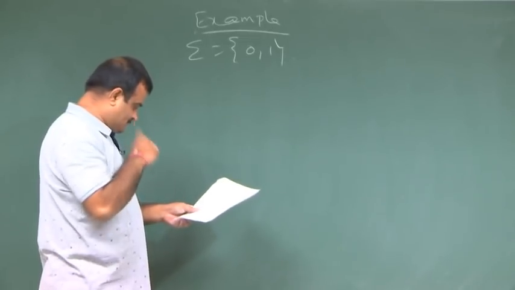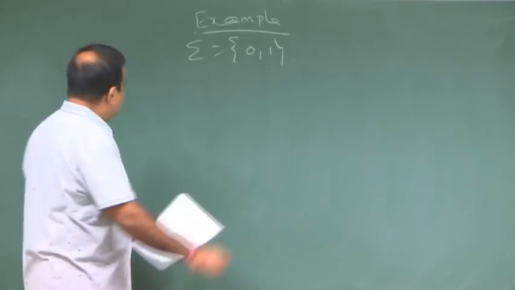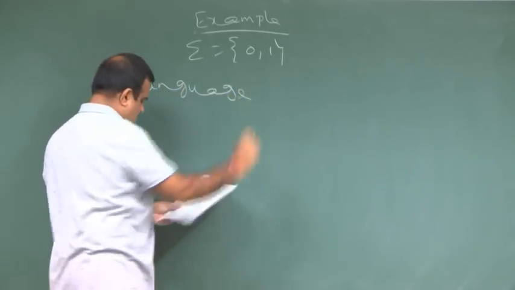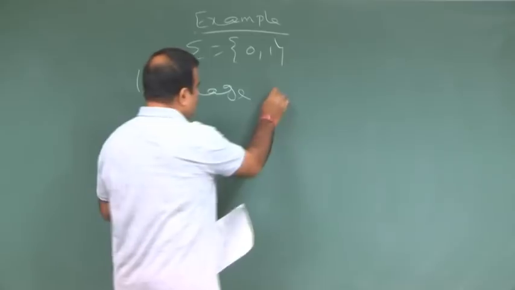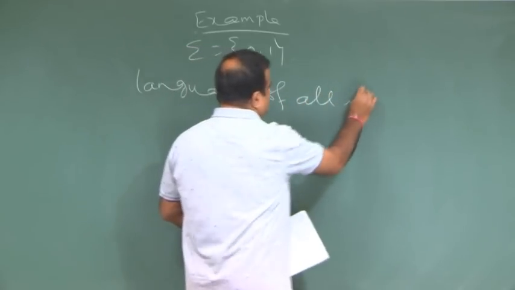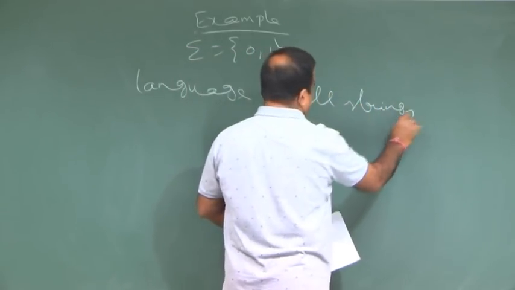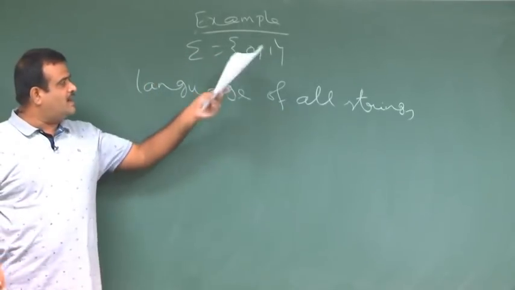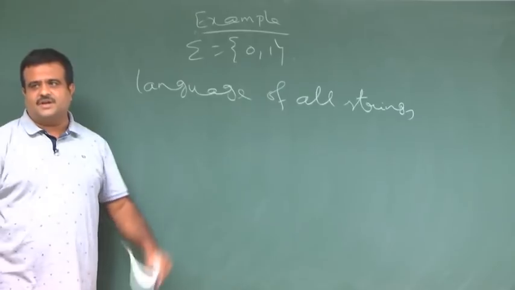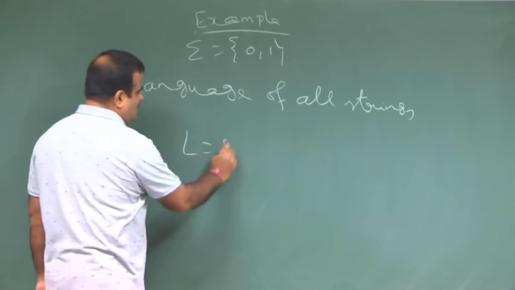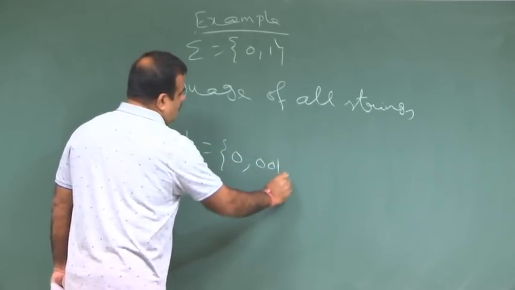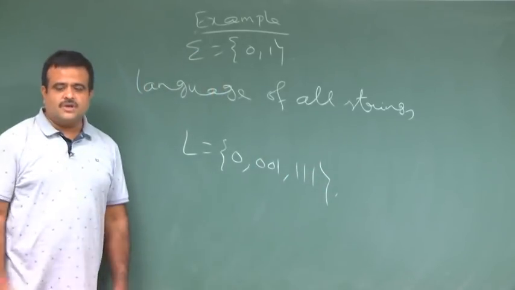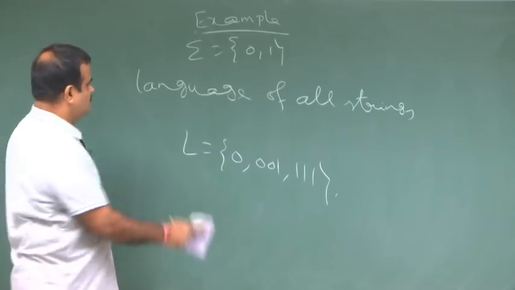So, we can define a language like this, a language of all strings. Language is a collection of strings basically. So, here the alphabet is 0 1, and a collection of strings, anything could be a language. So, this is a language: 0, 0 0, 1, 1 1, this is a subset of sigma star. So, any collection of strings is a language.